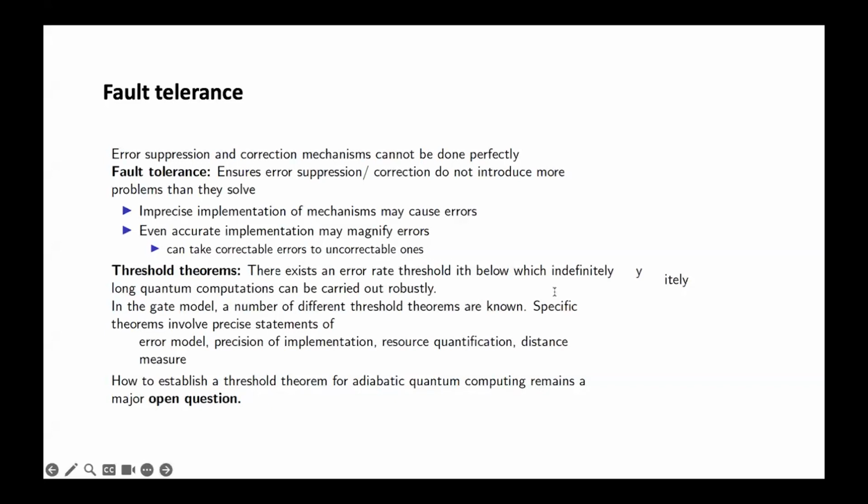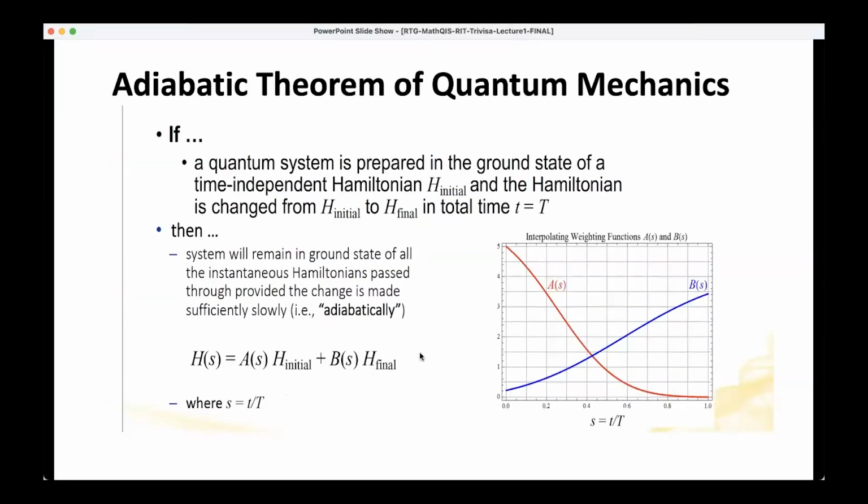You create a linear combination, a convex combination of Hamiltonians. This is what I mean by a convex combination of two Hamiltonians. In the current lecture, I was calling them H naught and HF.